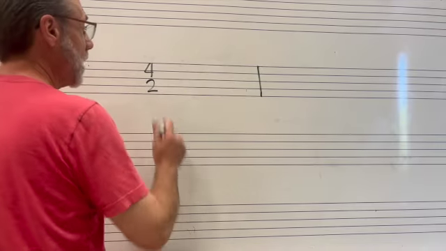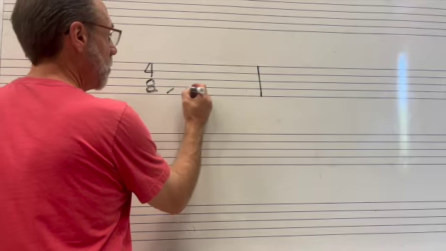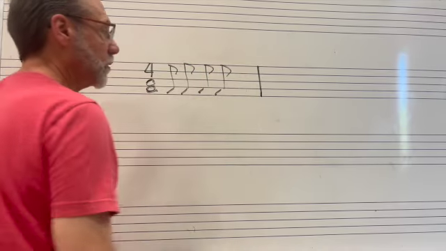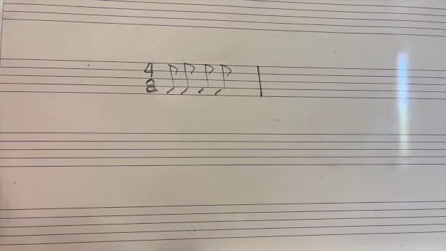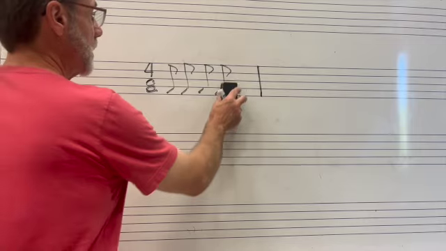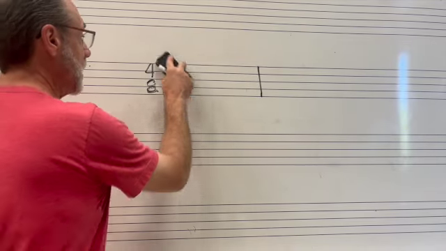You might see 4 8, right? If I make that into an 8, that means I have 4 eighth notes per measure, okay? The single flag note. Again, the pulse is always divided up into two, but that's what that might look like, right? You could have 3 2.